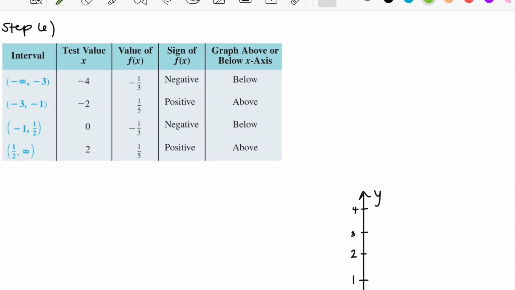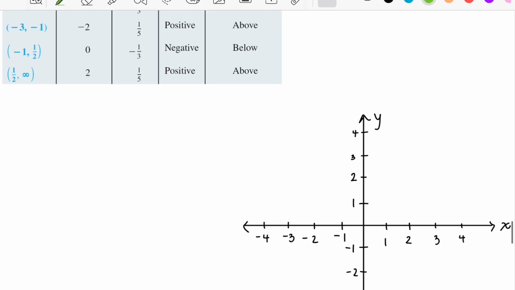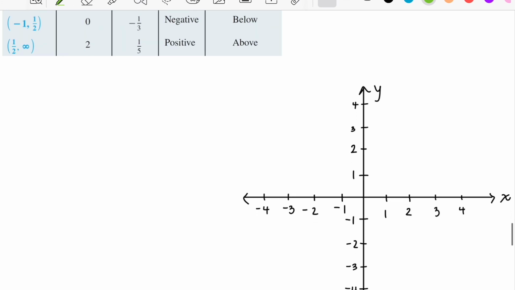But the first thing that we're going to want to do is identify and plot our asymptotes as well as our x-intercepts. So we know we're going to have two vertical asymptotes, one at -3 right here, and another one at +1/2. So right about here. We also know we're going to have a horizontal asymptote here, so our x-axis, like this.